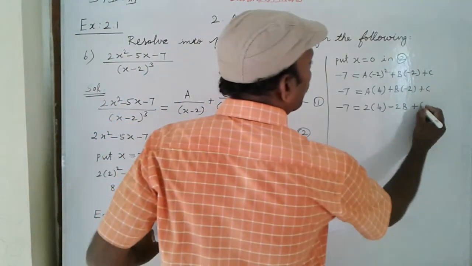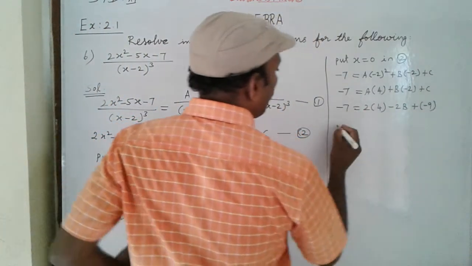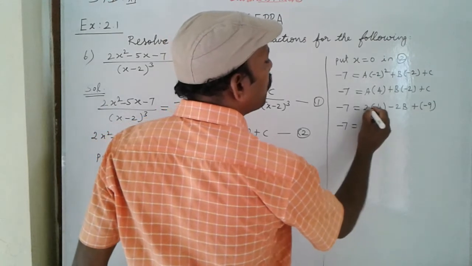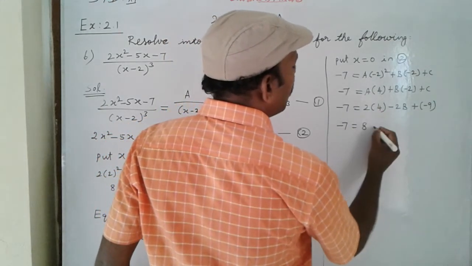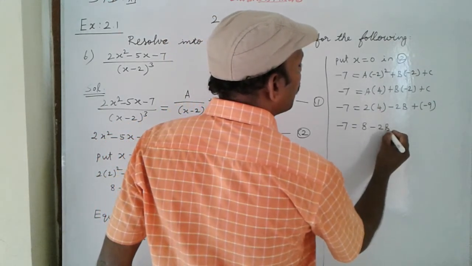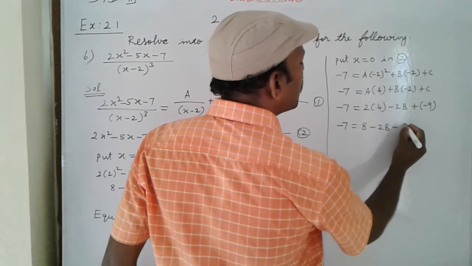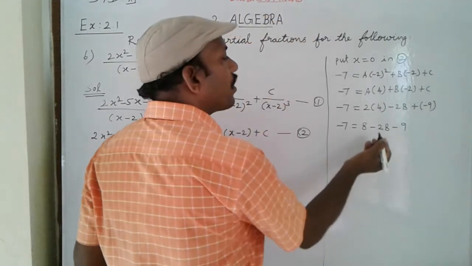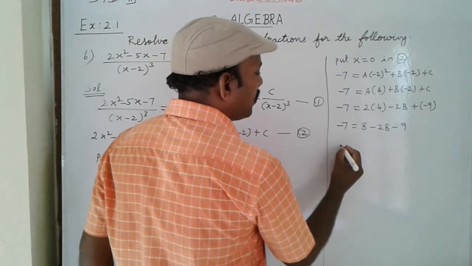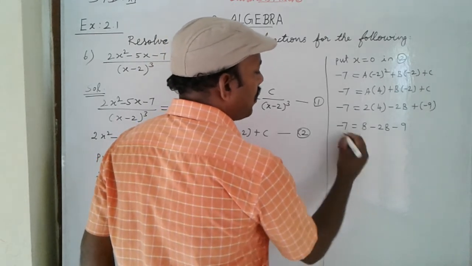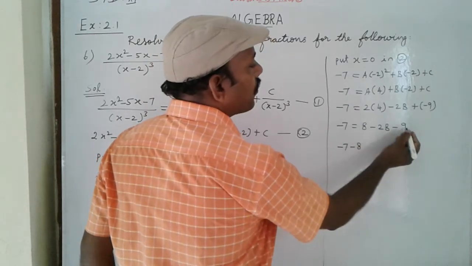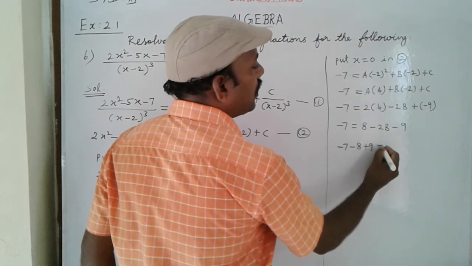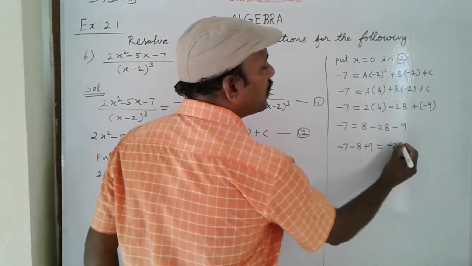Substitute here: minus 7 equal to 2 fours are 8, minus 2B, plus minus 9. So the constants we should take to the left: minus 7 minus 8 plus 9 equal to minus 2B.